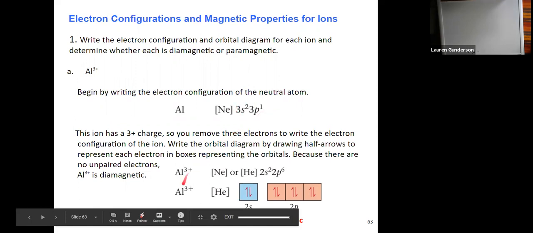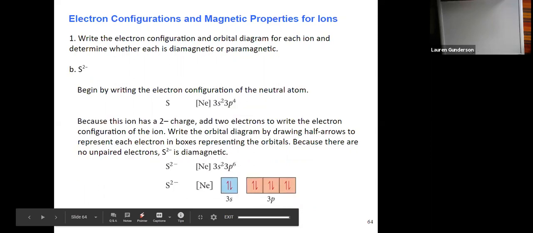So I'm left with the electron configuration of neon, or just the electron configuration of helium, followed by a full second principal energy level, right? Either way, when I draw out the box diagram, I see that every single orbital has a set of paired electrons in it. That means that I am looking at a diamagnetic substance. All right.